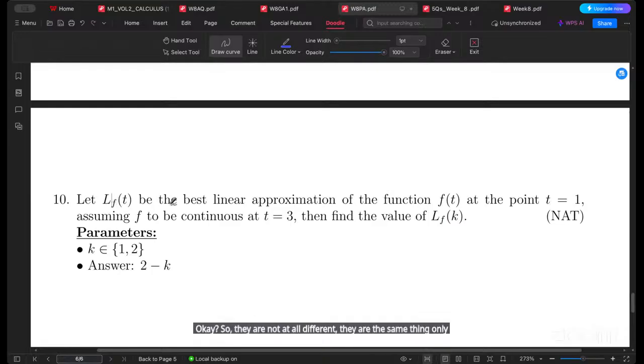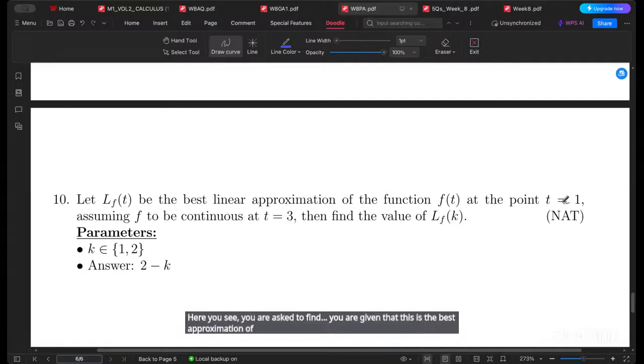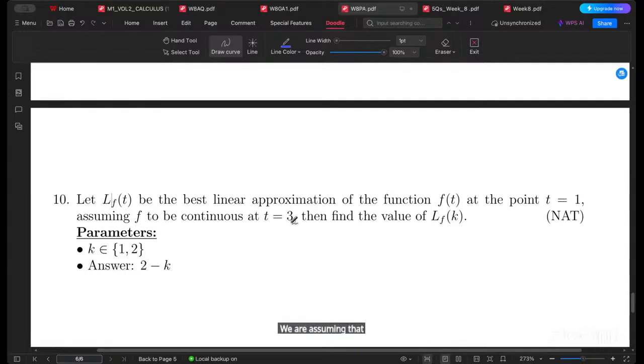So here you are asked to find, you are given that this is the best approximation of the function at the point t is equal to 1. We are assuming that f is continuous at t equal to 3. Find the value of LF of k. So what is it that we need to do? Can anyone think?